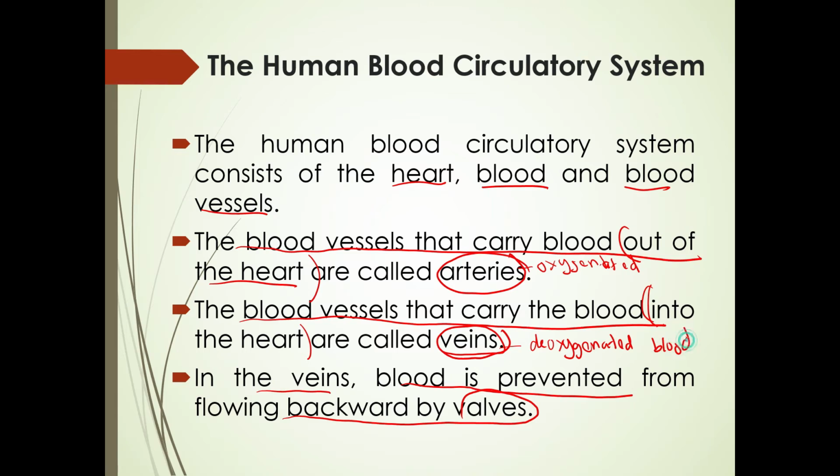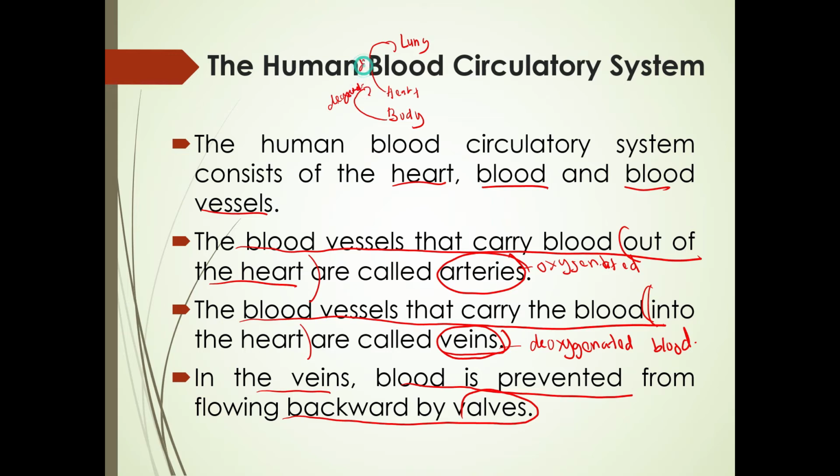The blood comes from our body to the heart, and the heart will pump it to the lung. I hope you still remember the process of the transportation of blood. First, the body will transfer the blood into the heart. The heart will pump it to the lung, so this is deoxygenated.